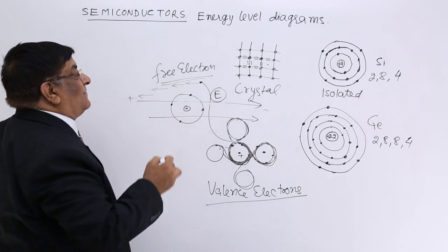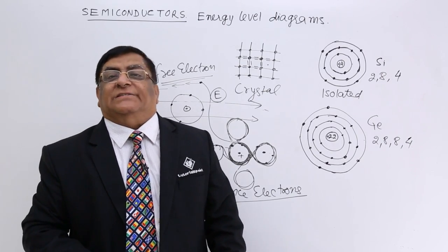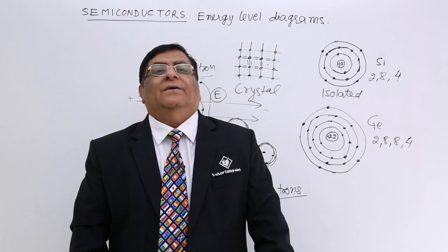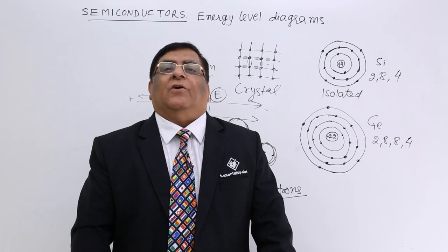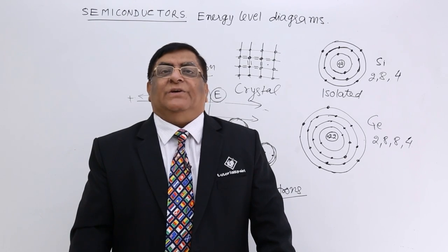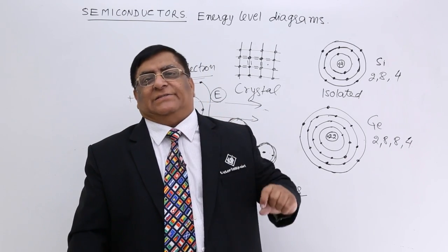And when they drift in the electric field, we say current is flowing. We learnt this in the electric current chapter, and we call it drift velocity. So these are the free electrons which help in conduction of electricity.